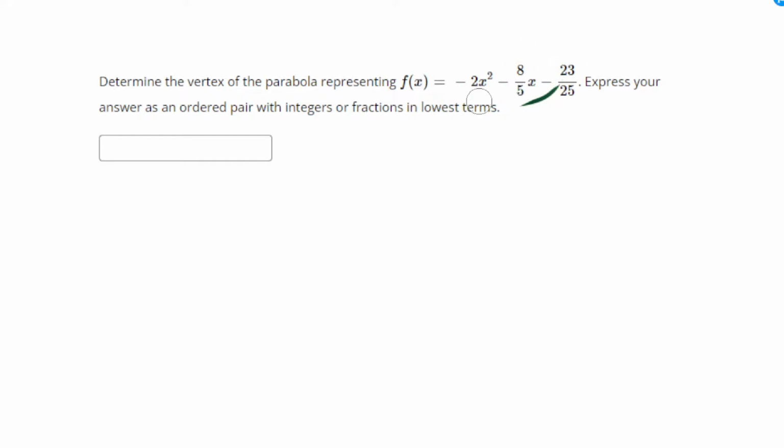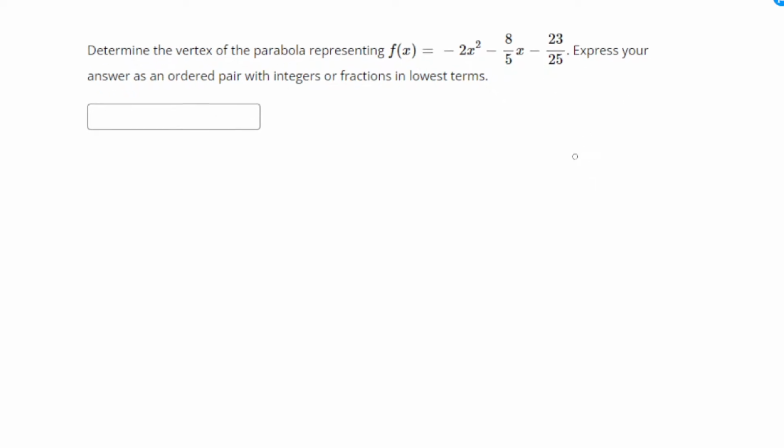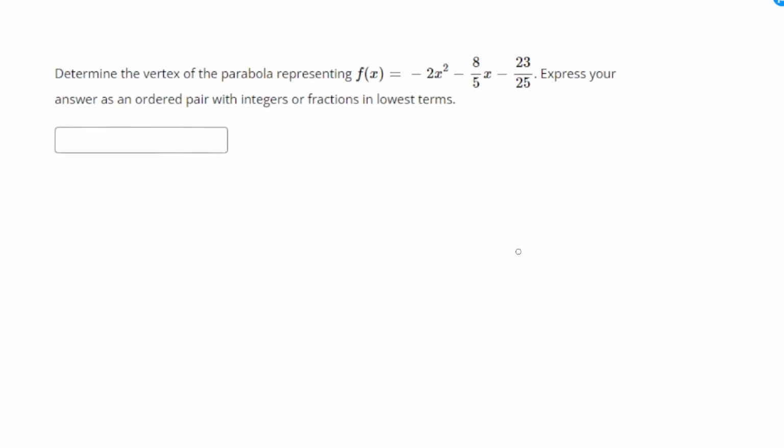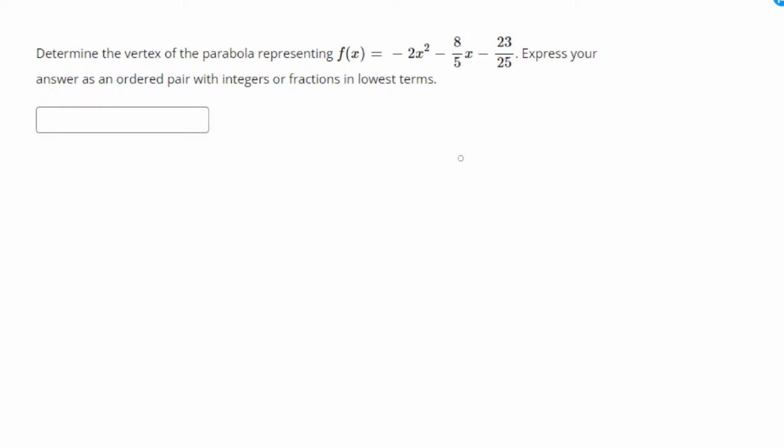Instead, I'm going to do the -b over 2a. And I believe this is the one where if you put your answer into Lumen, it will be wrong even if you got it right. Just for the record, I don't know if they've fixed it yet, but we'll go through it.